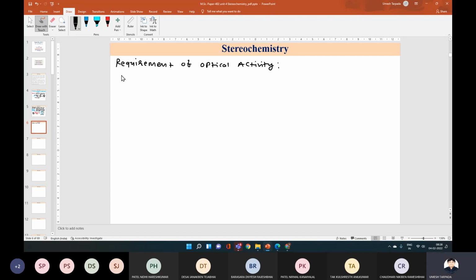That is required. So molecular asymmetry is required to get optical activity.